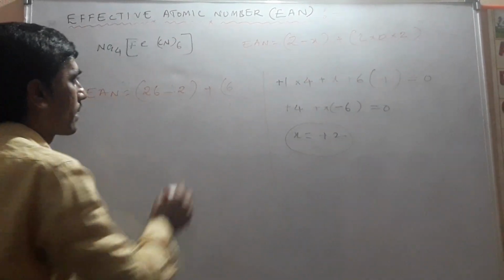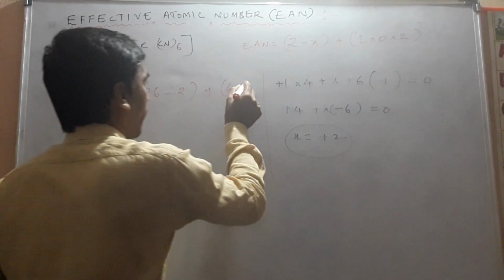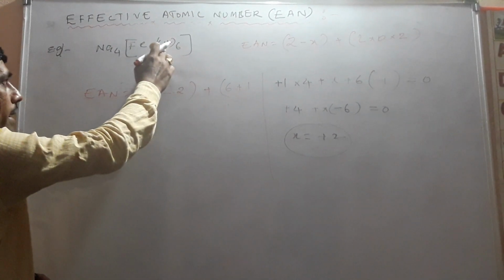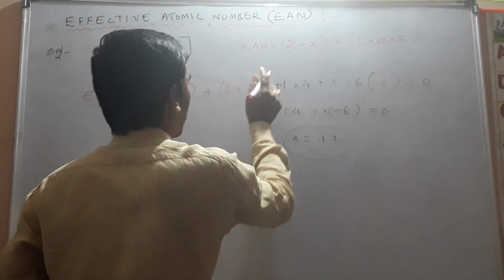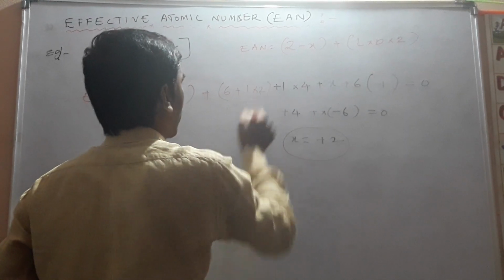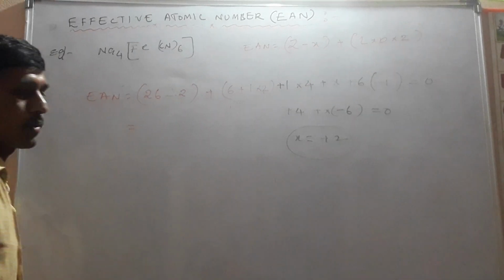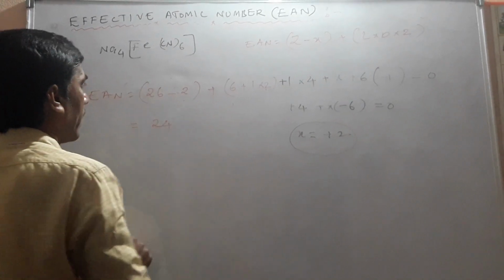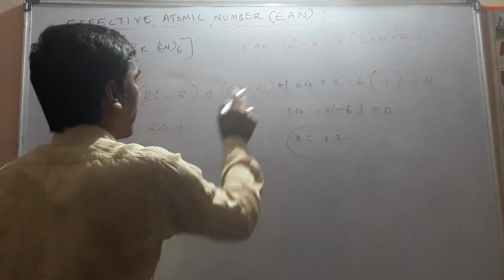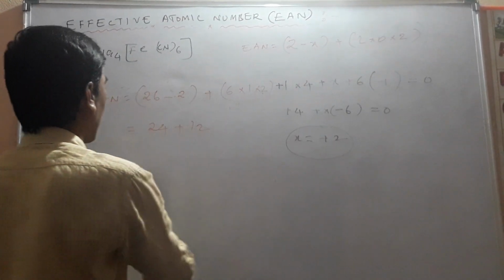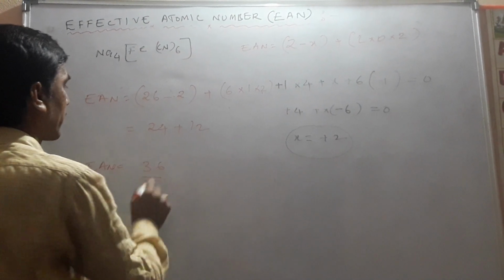The denticity of this ligand is 1, it is a monodentate negative ligand, into 2. EAN is equal to 26 minus 2, 24, plus 6 into 1 into 2 means 12. That is EAN value is equal to 36.